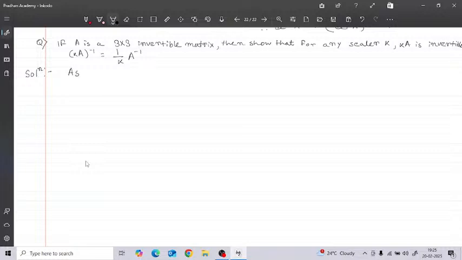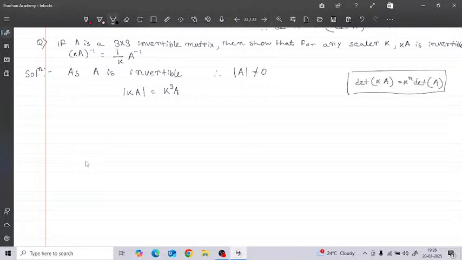As A is invertible, what does it mean? Determinant is non-zero. So we know this property of determinant, that determinant of kA is nothing but k to the power n into determinant of A, if A is an n cross n square matrix.